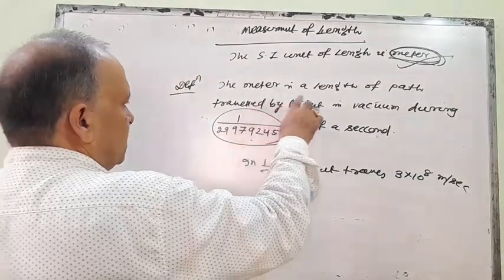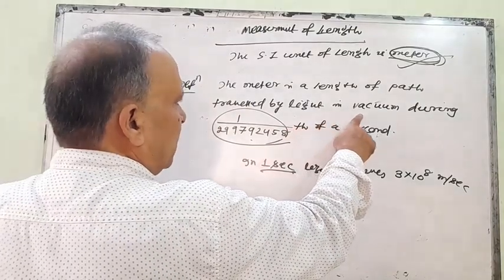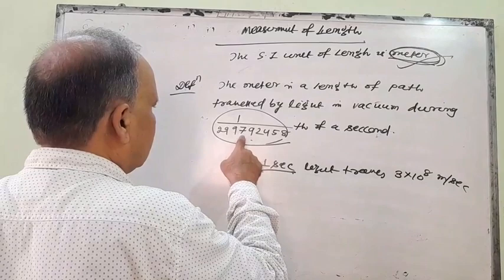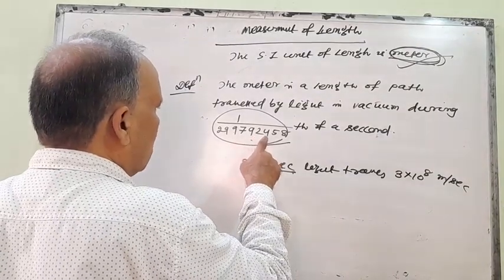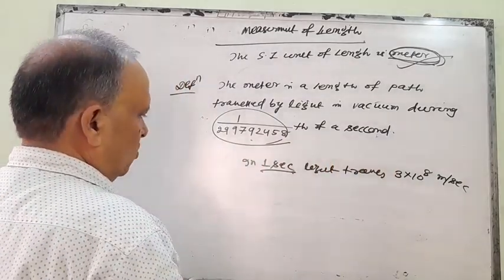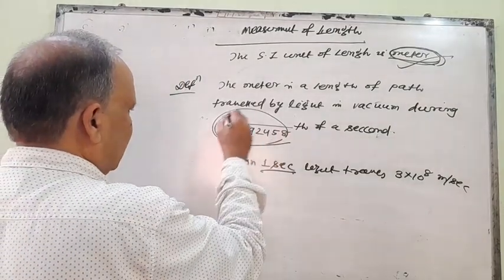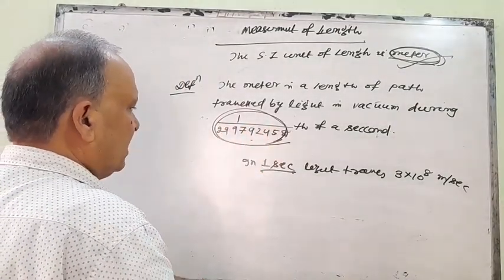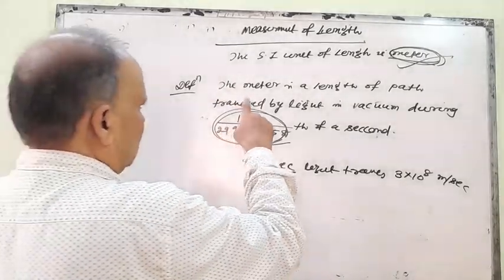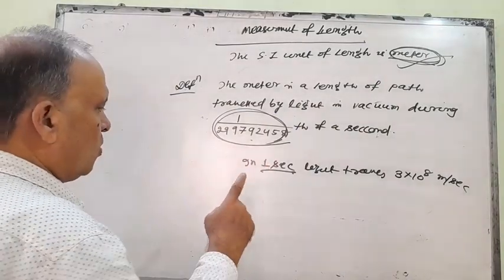You remember, the meter is the length of a path traveled by light in vacuum during 1 by 299,792,458 of a second. You see, 1 second is very small time. You divide 1 second by this. In this time, the path covered by light in vacuum is equal to 1 meter.